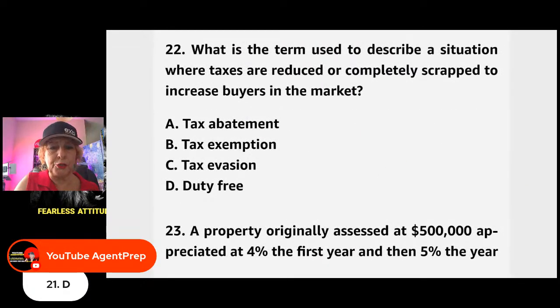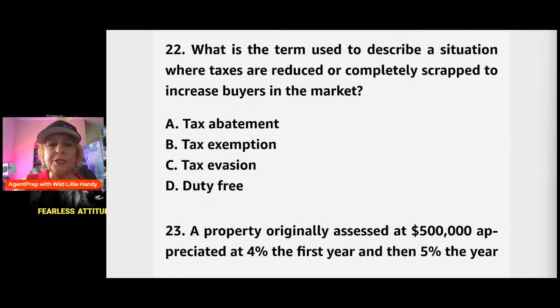Okay, number 22. What is the term used to describe a situation where taxes are reduced or completely scrapped to increase buyers in the market? A, tax abatement, B, tax exemption, C, tax evasion, or D, duty-free? Where taxes are reduced or completely scrapped.